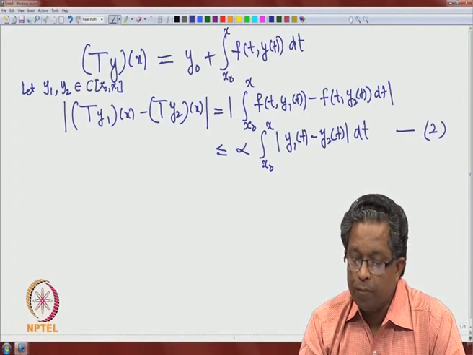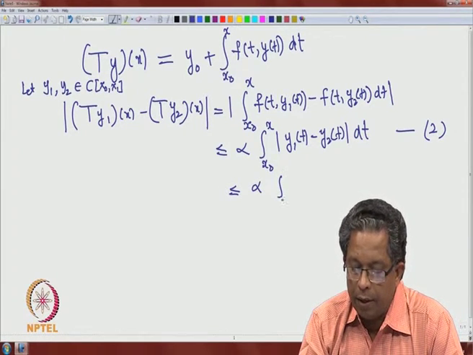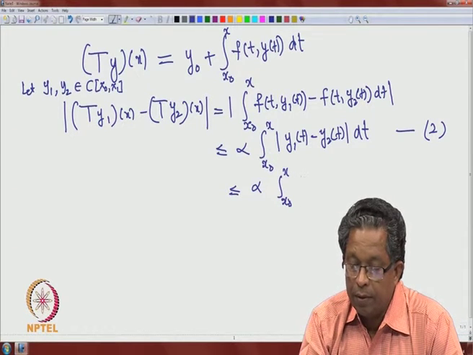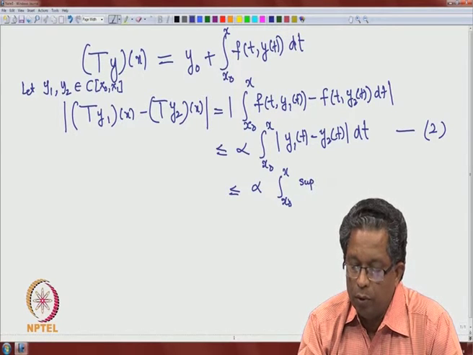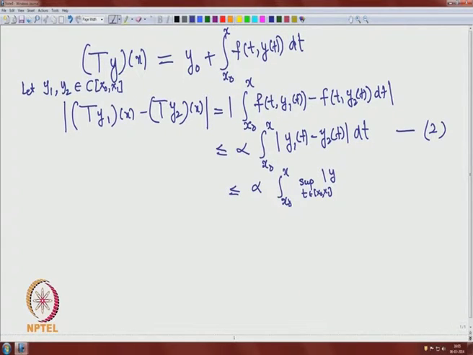Now, this is also less than or equal to alpha times integral x0 to x. If I take the max or sup over t in the interval [x0, x1] of |y1(t) minus y2(t)|, this quantity is our norm of y1 minus y2.